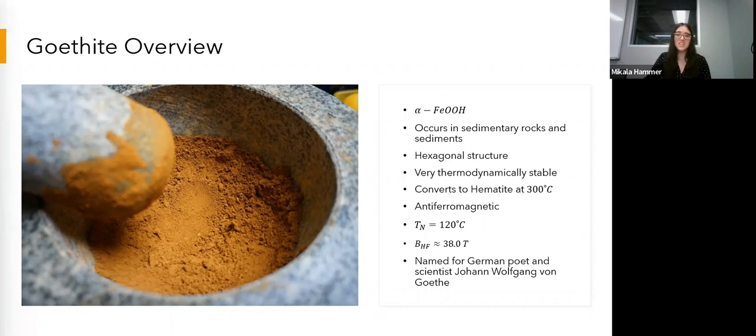It has a characteristic Néel temperature, or the temperature below which it exhibits antiferromagnetic behavior, of 120 degrees Celsius. And it has a hyperfine field, which is related to a type of spectroscopy that we did on our samples, which we'll talk about a little bit later, of 38 Tesla. And just a fun fact, it is named after a German poet and scientist.